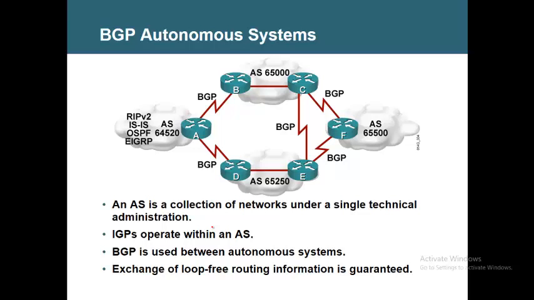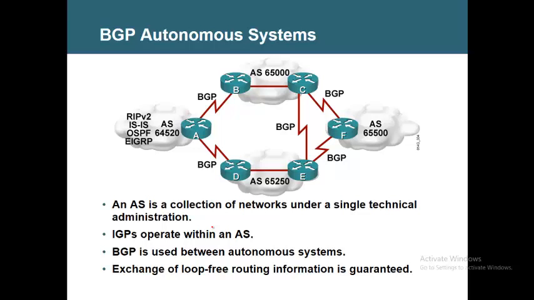If you have two different banks, the network of each bank is an autonomous system. This bank's network won't work for that bank's network, and vice versa. They are independent, separate autonomous systems.